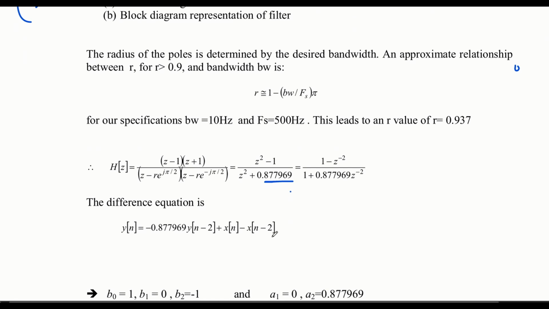So yes, have a lot of decimal places like you see here. They just divided the numerator and the denominator by z squared, and when you do that, you arrive at this one.